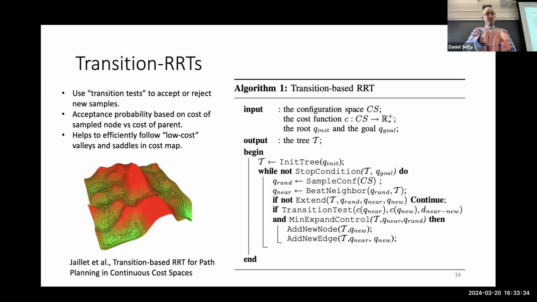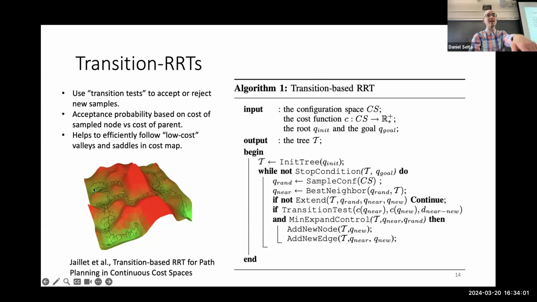And this one is a variant where you try to sample some target point, you try to go to that point, and you use a transition test to accept or reject, basically. So the transition test tells you whether it's good to keep expanding in some direction.